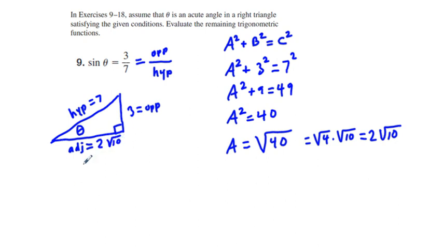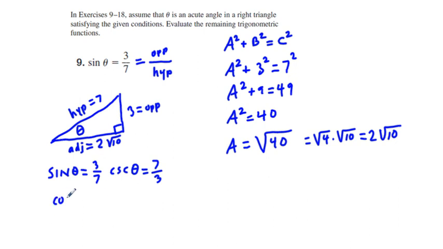And now to find our trigonometric ratios, we have sine theta, which we already know is 3/7. And our cosecant theta is going to be equal to a reciprocal of our sine, which is 7/3. So we could have already found the cosecant without going through this process of finding the missing side.